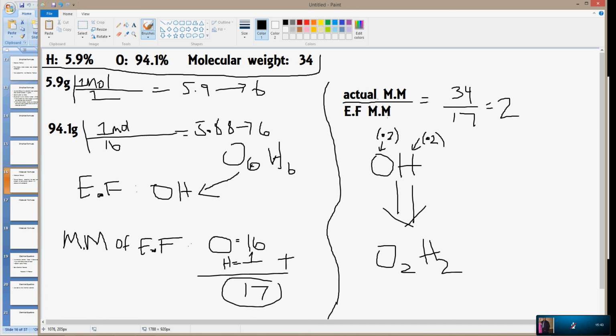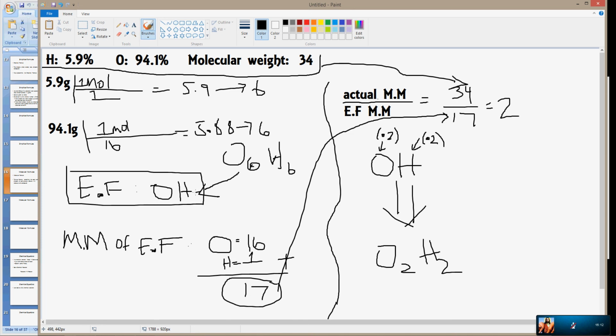Then on the right side, you go to this formula, actual molar mass over the empirical formula molar mass. In the problem, it already gave us the molecular weight, which is 34. So the actual is 34, and the empirical formula one that we calculated is 17.